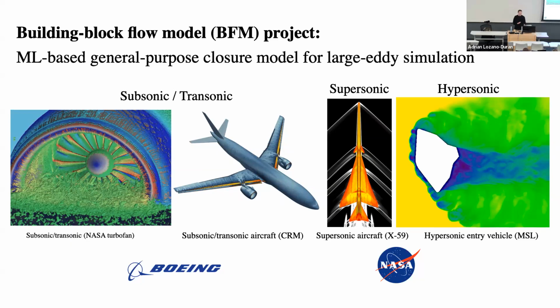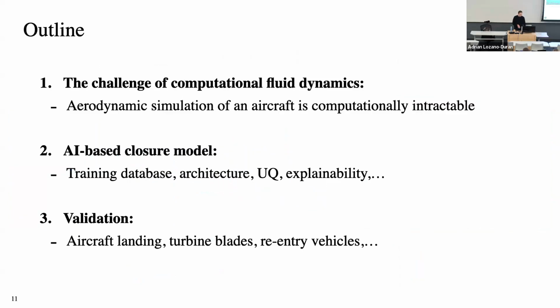There are models, in the context of RANS mostly, that you can tune to be good at one case, but we don't want 20 models, each of them good at one case. We want one model that is good at all 20 cases, because that's more reliable, and we are not overfitting a particular case. We are trying to make sure that we capture some physics that are intrinsic to the different flows that we want to capture. So this is the main idea.